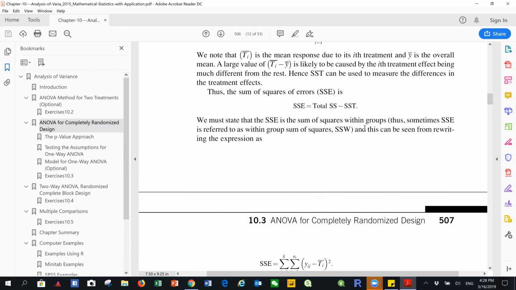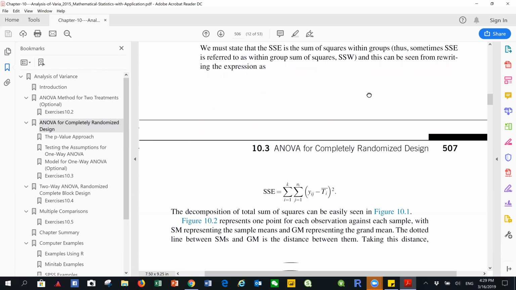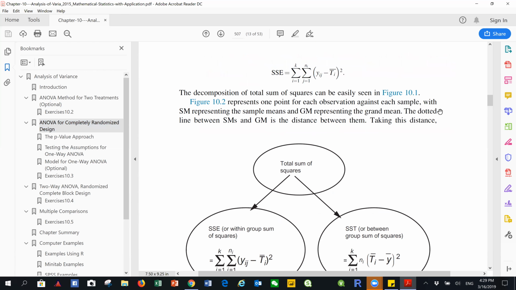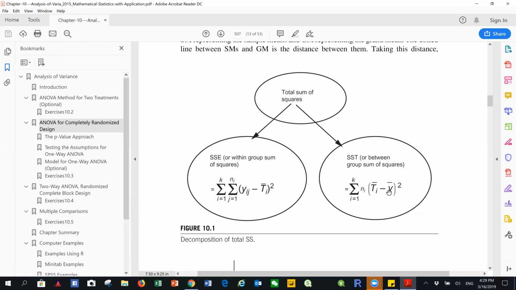Then of course there are always some errors, and their relationship is like this. So this is their relationship and their formula. You can show and prove that the sum of the two, SST and SSE, equals the total sum of squares.